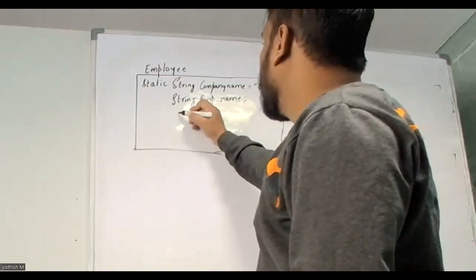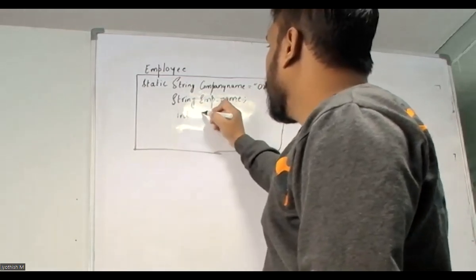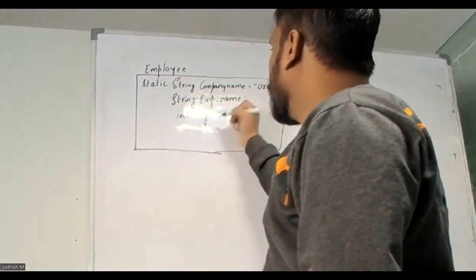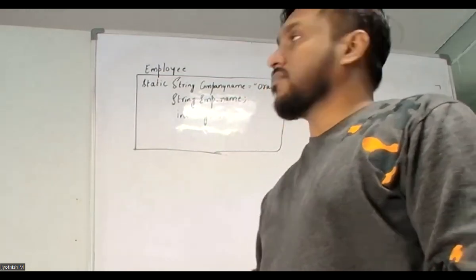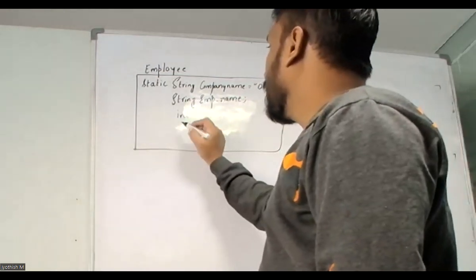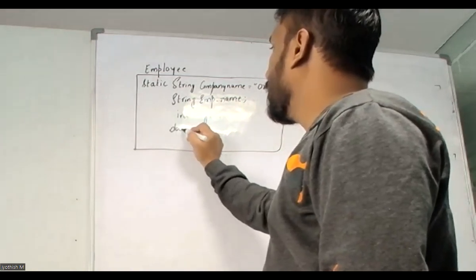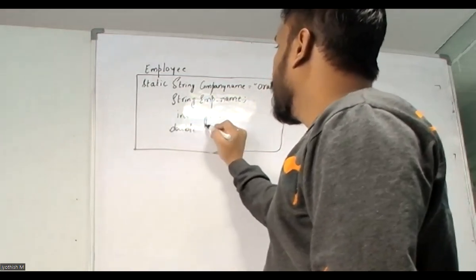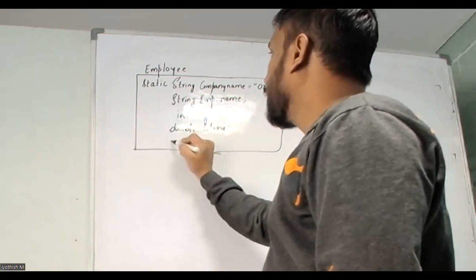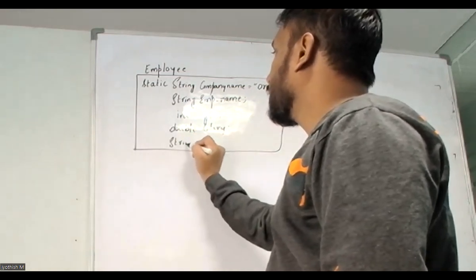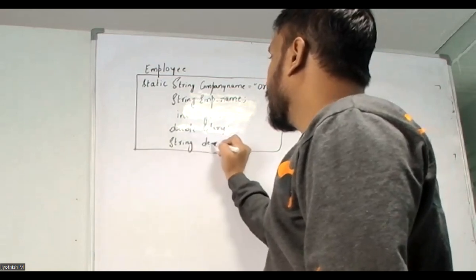Then int age, default value of int is 0. Then double salary. Then string designation.